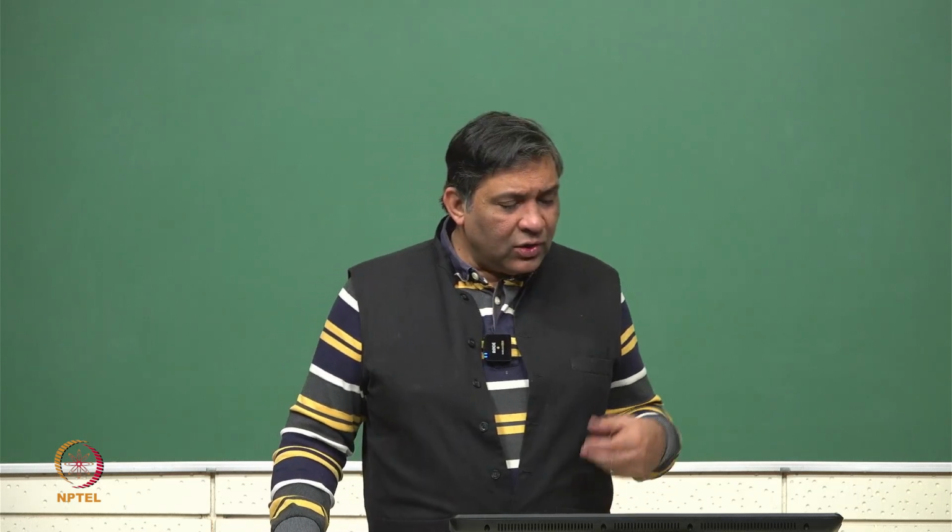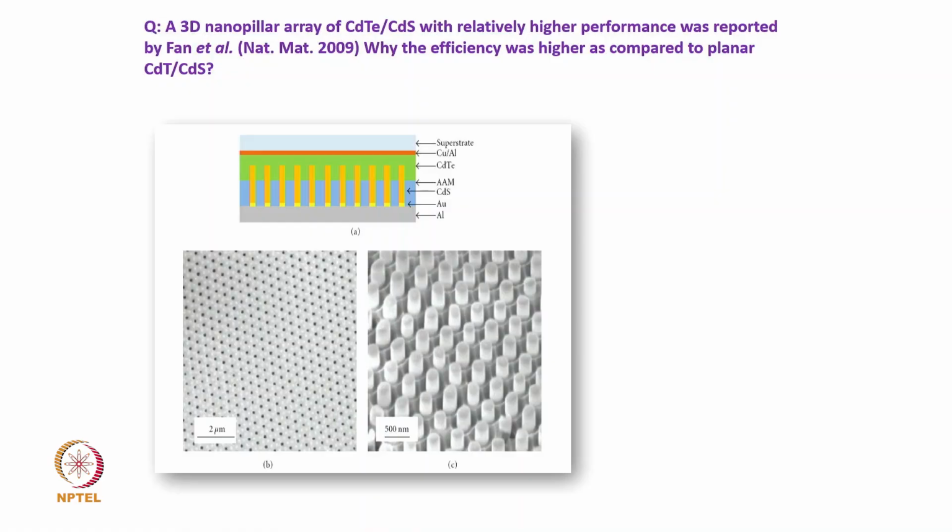But now it was shown by Fan et al. in 2009 that if we grow CdTe, CdS nanopillars instead of this planar film, it demonstrates better efficiency, and it was published in Nature Materials. And what is the reason?